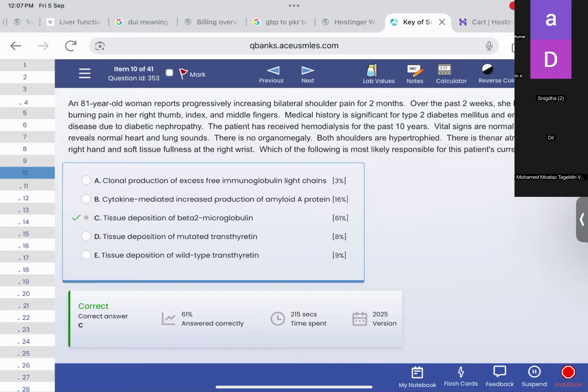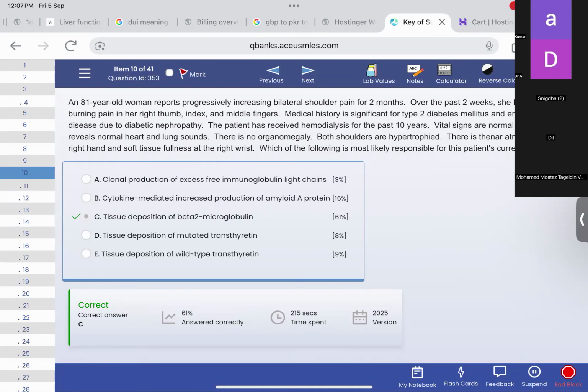So in some conditions you have to remember that it occurs more in males, or some of them more in females. Like in this stem, if it is an 81-year-old woman or an 81-year-old man with end-stage renal disease, the effects will be the same, so it doesn't count here.